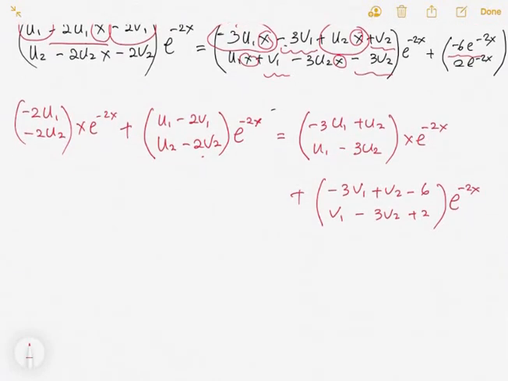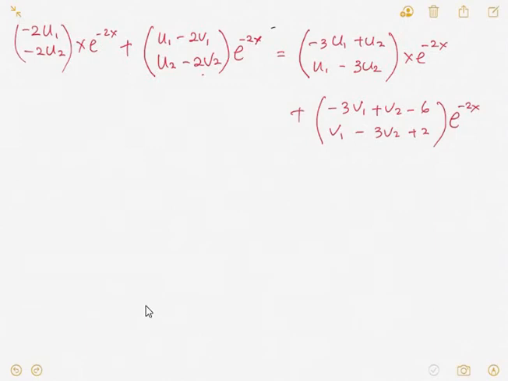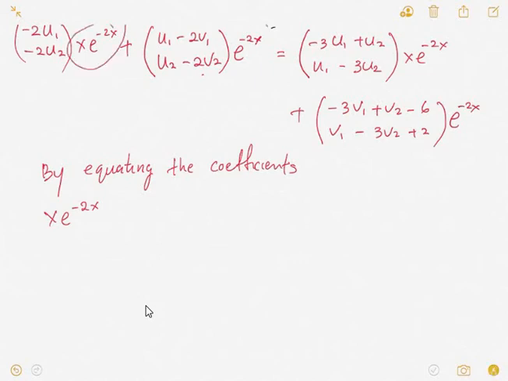Okay. So now what is next? Next is you compare the coefficient. Then by equating the coefficient of x exponent negative 2x, this one and this one.